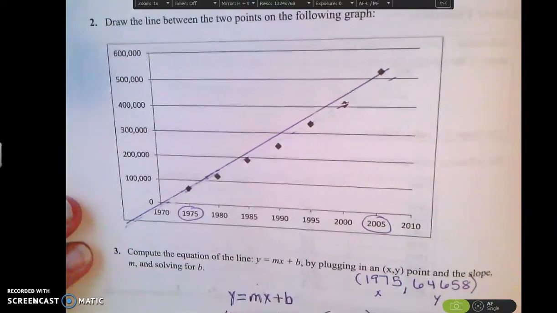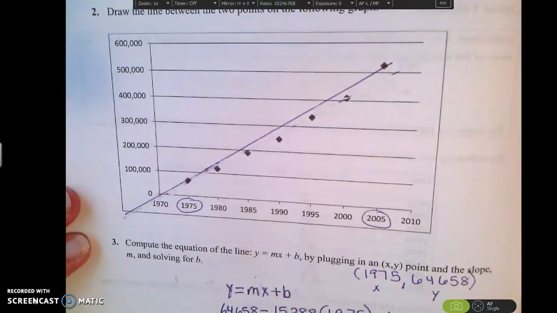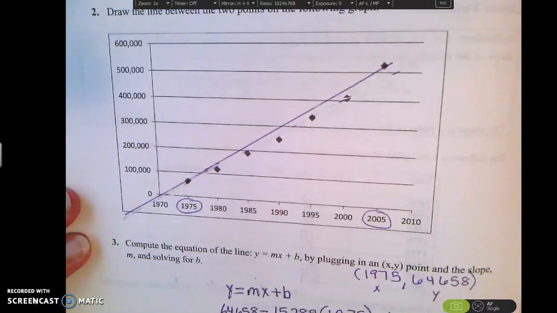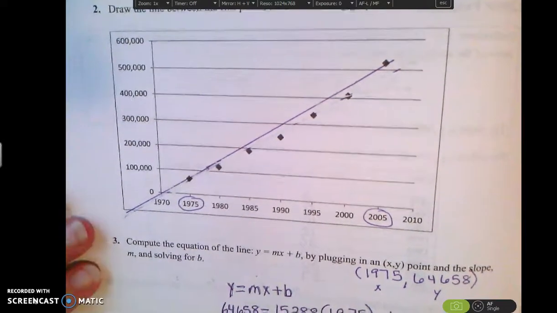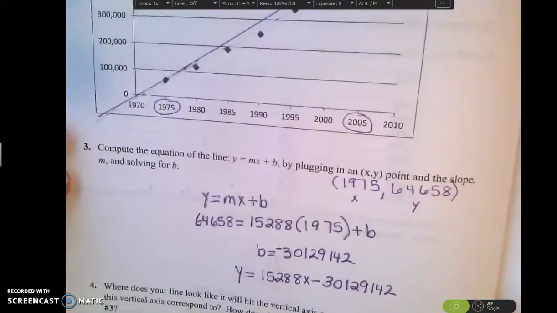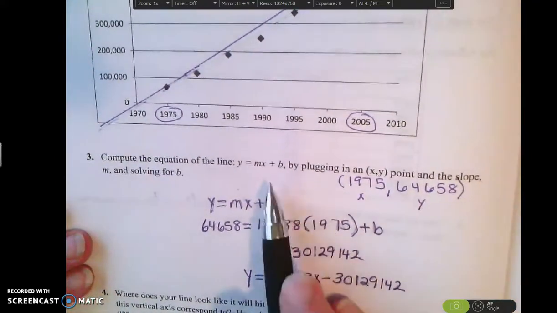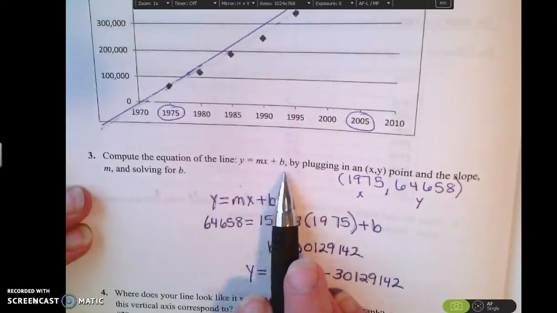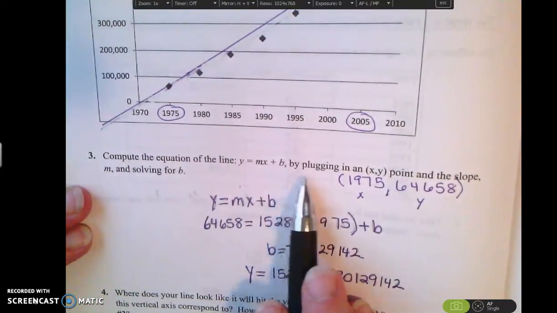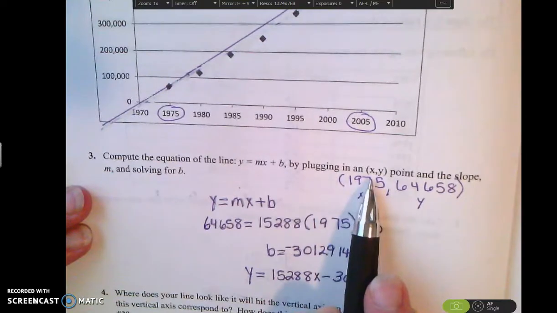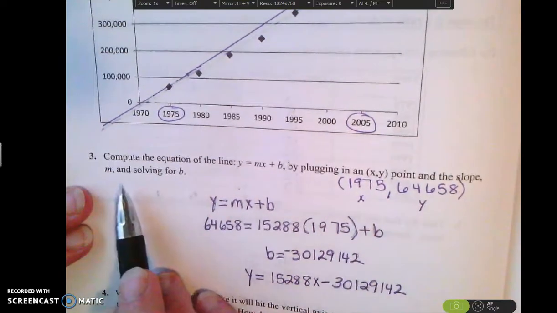So what we're dealing with is a situation where the ratio is not the same every single year, so it is linear, but it doesn't have the same rate of change. It says compute the line y equals mx plus b, by plugging in the x, y point and the slope m.